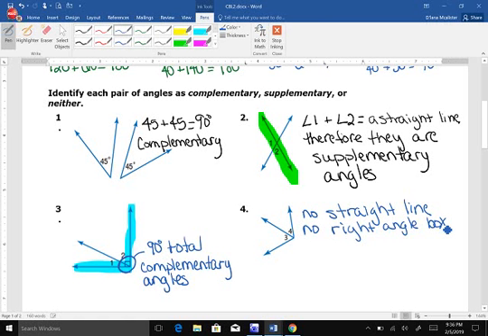Therefore, angles 3 and 4 are neither. They are neither supplementary or complementary angles.